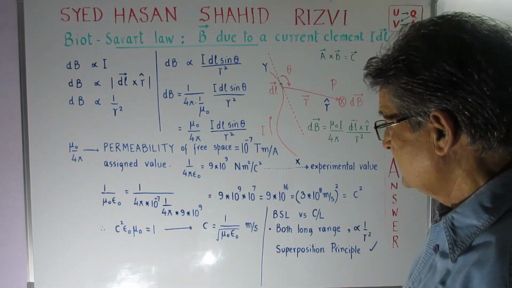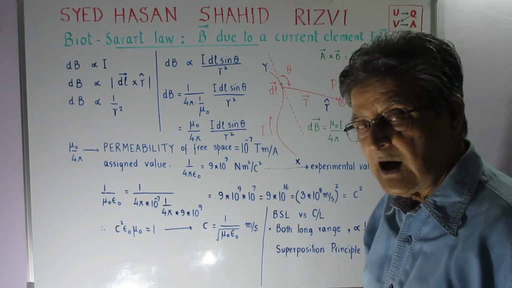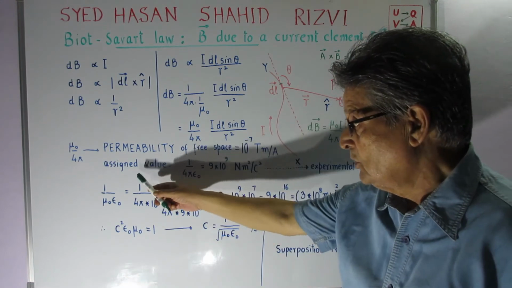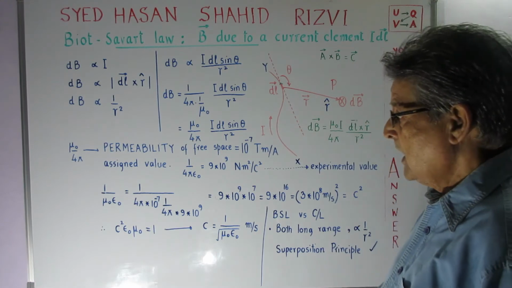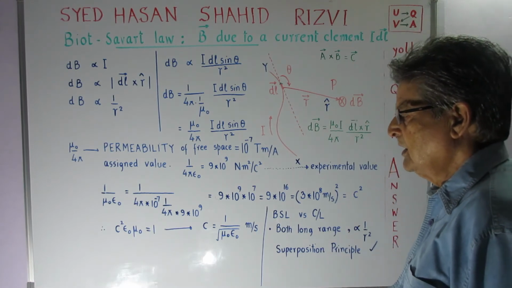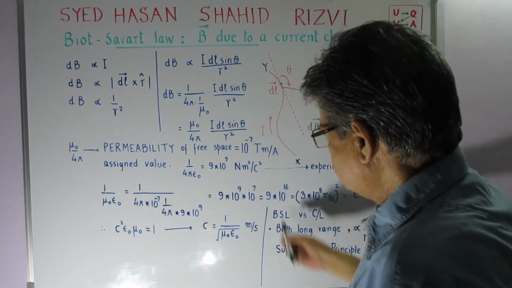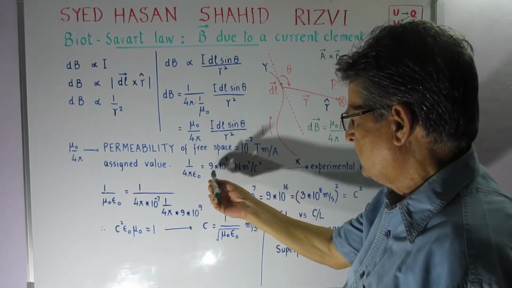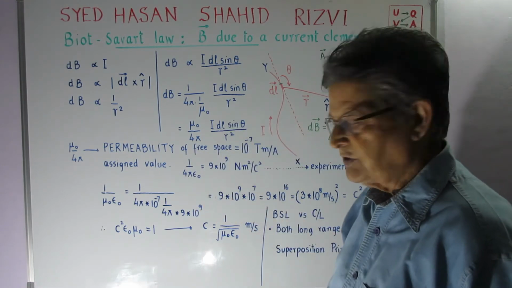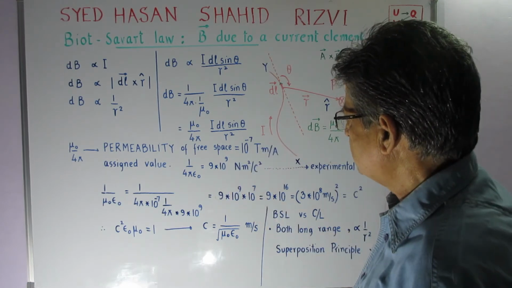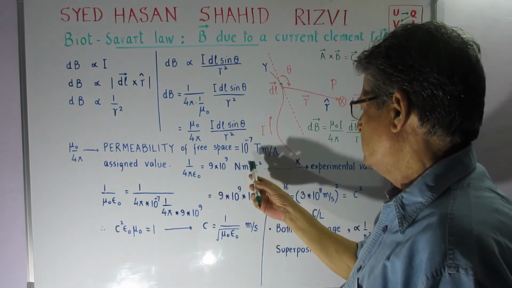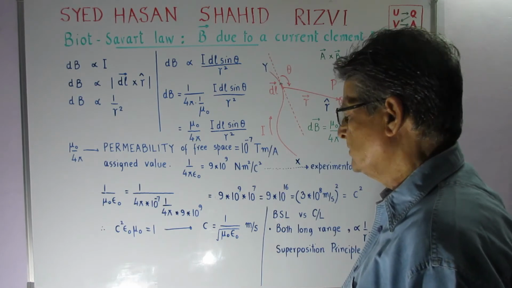This is an assigned value. This value cannot change. At the same time, 1 upon 4 pi epsilon naught has another value, 9 into 10 to the power of 9 Newton meter square per Coulomb square.